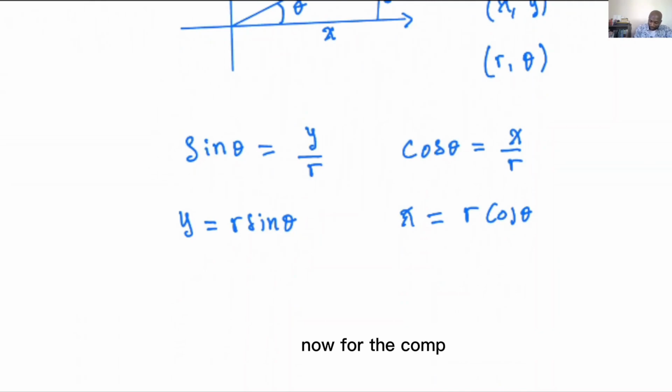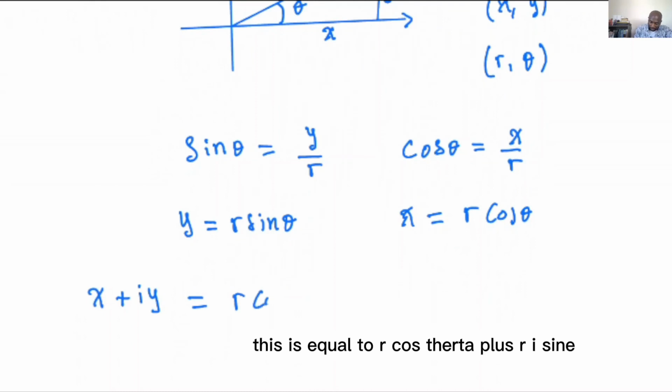Now, for the complex number x plus iy, this is equal to r cos theta plus r i sine theta.